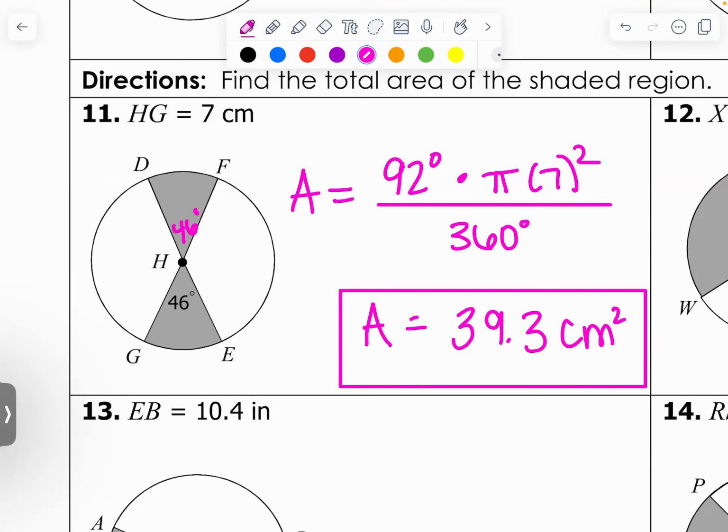You said 92 times pi times 49. It says down to the nearest hundred. Technically, on here it says each down to the nearest hundred. I want you to just do tenths. Okay. Then we just need to do that.